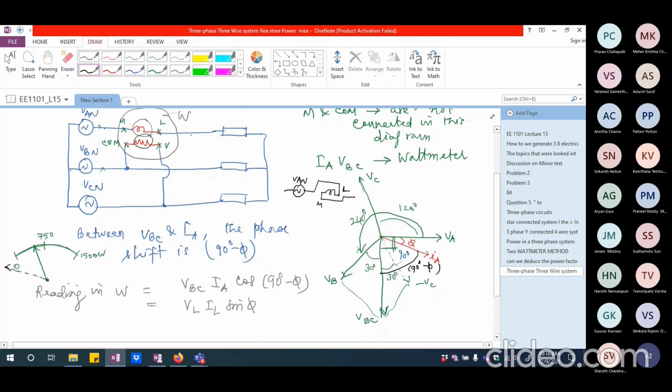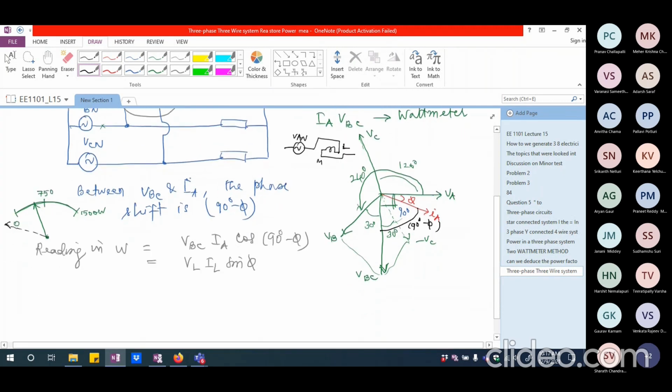So if I am using the sin phi measurement or the reactive power measurement, in that case, if it is kicking back, you can say it is probably a capacitive load. If it is not kicking back, it can be inductive load. So that will actually distinguish between the two types of power factor.